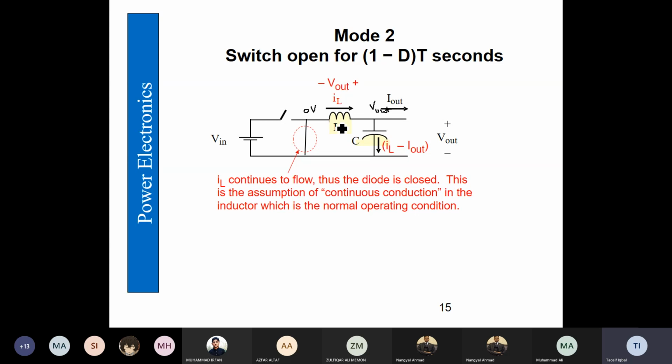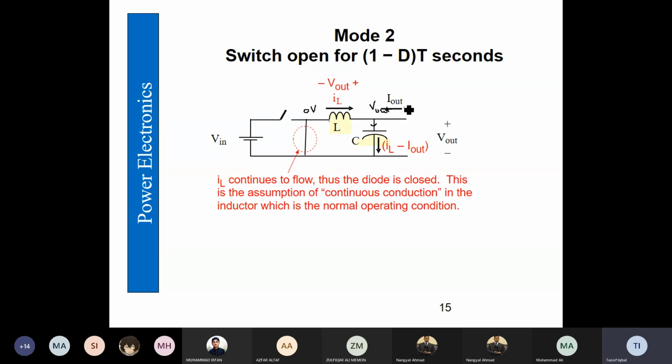As the inductor is going to discharge, the voltage polarity is going to reverse across it, so the positive terminal is now on the right side and negative on the left side. Therefore current is going to discharge through the capacitor and the load.